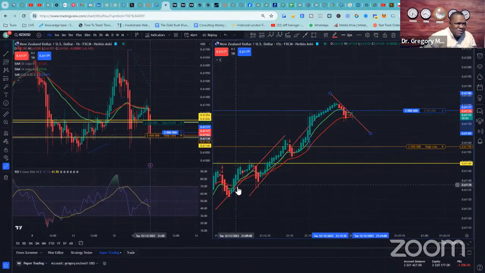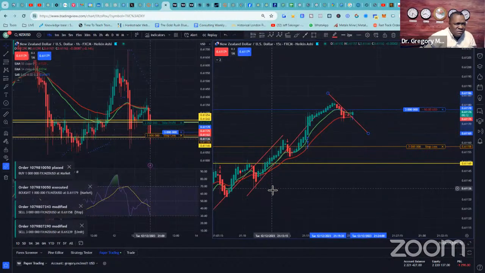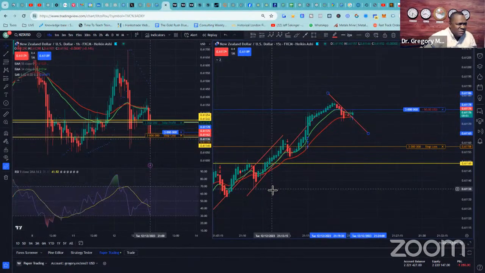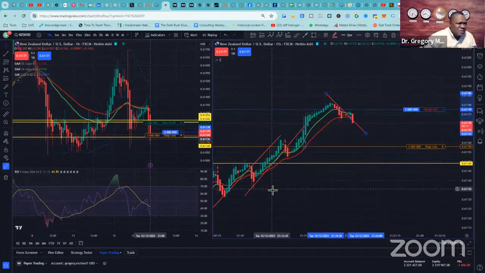Trend line break. Fail. Let's go. Wrong way.